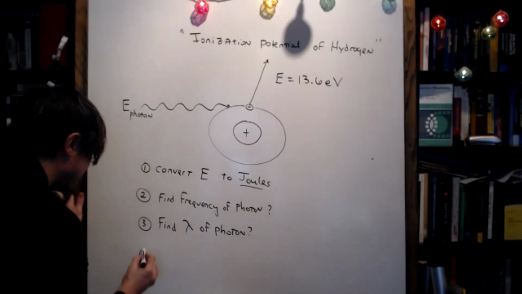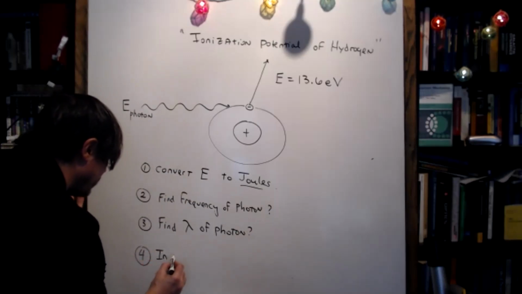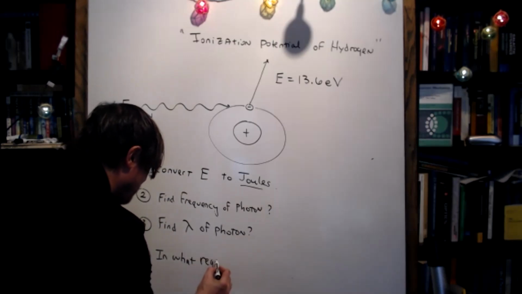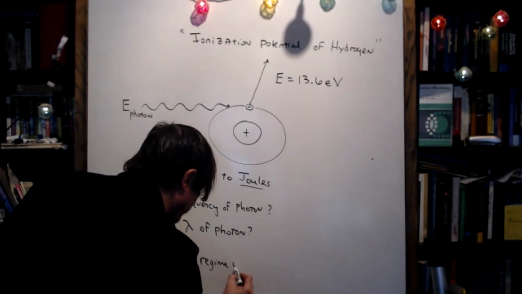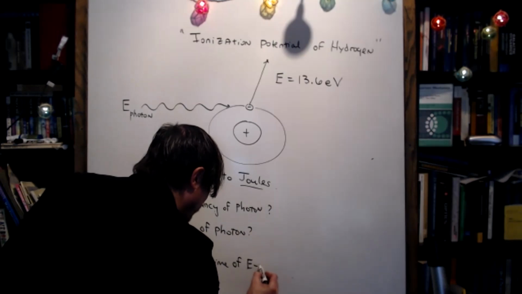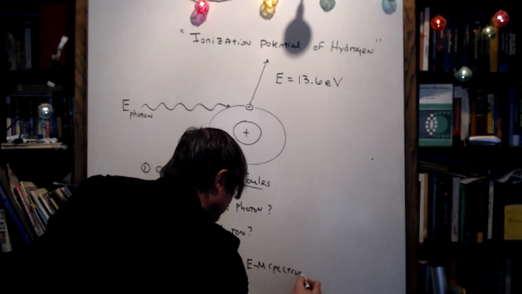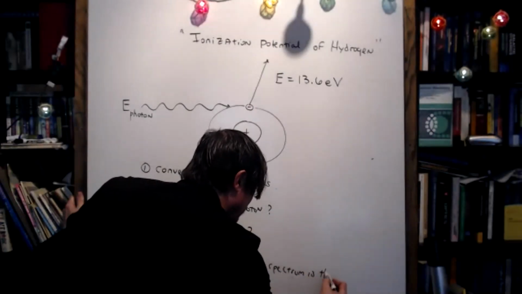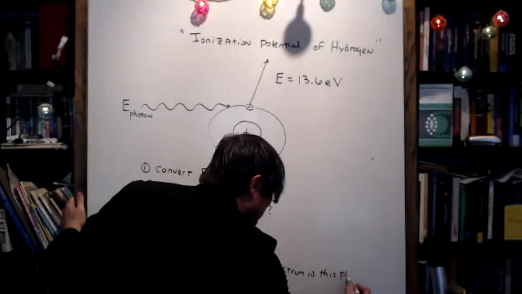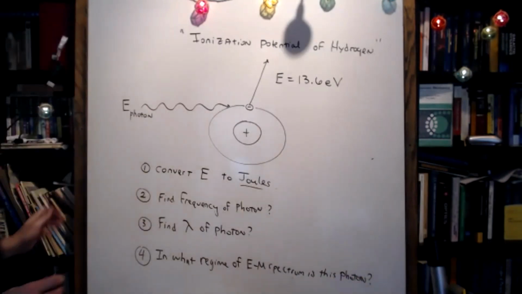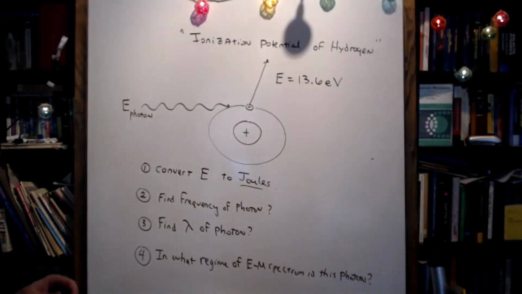And 4, in what regime of the electromagnetic spectrum is this photon, which can ionize the hydrogen atom?